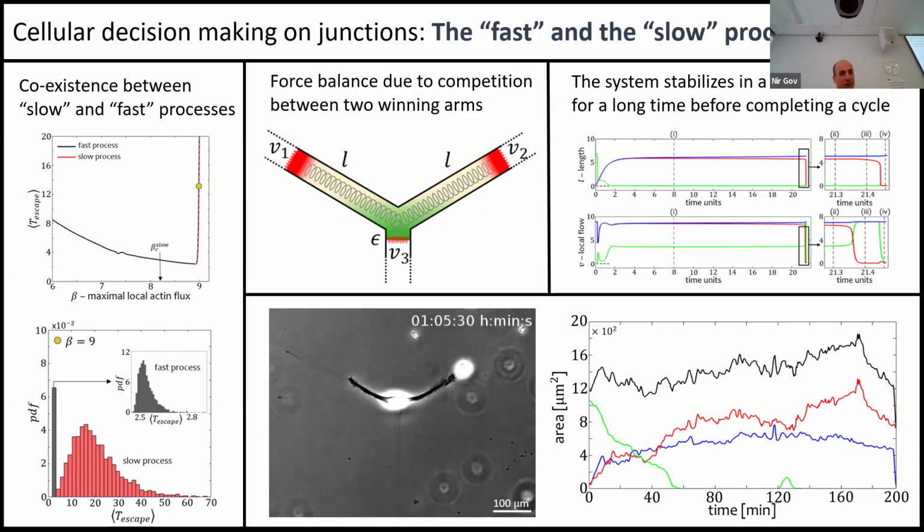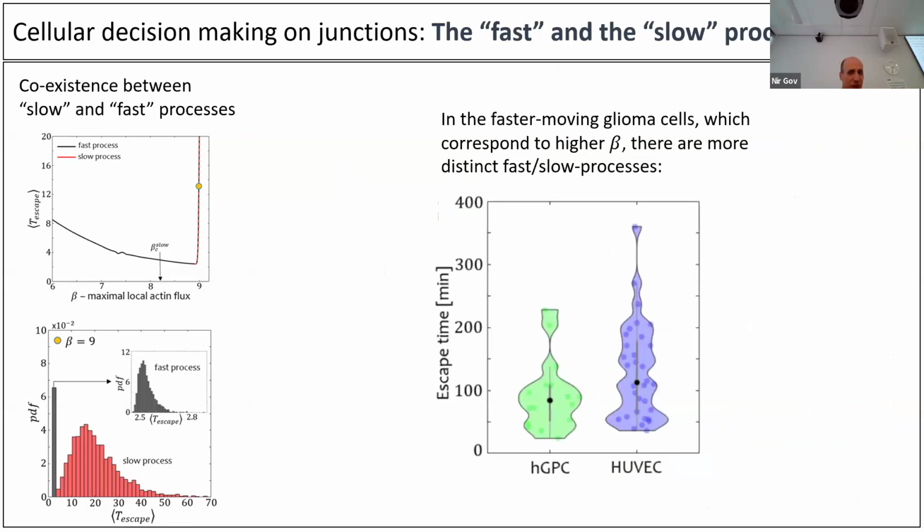If you look at the glioma cells, we think that it does show signs of that because they are moving very fast, and there is a distinct sort of secondary peak here of events which are much, much slower than the mean of the glioma, while the HUVEC show something which is more like a uniform distribution.